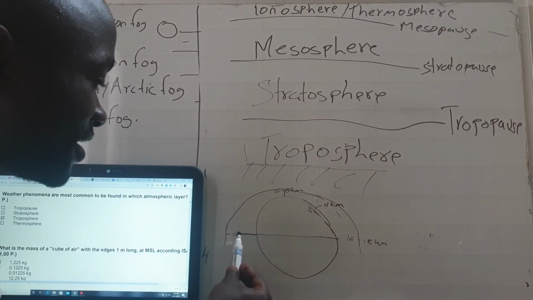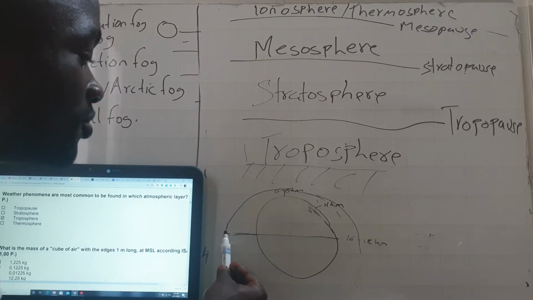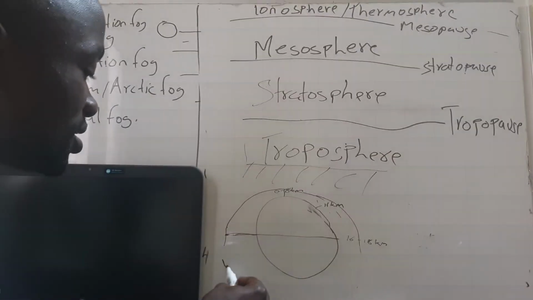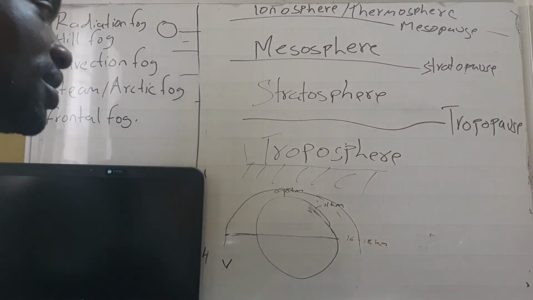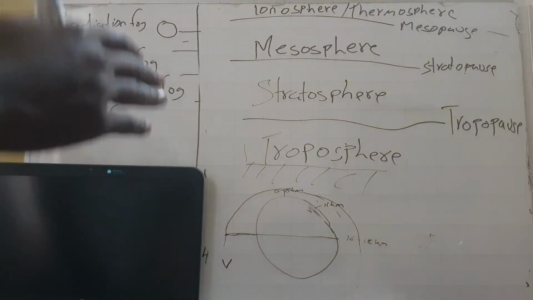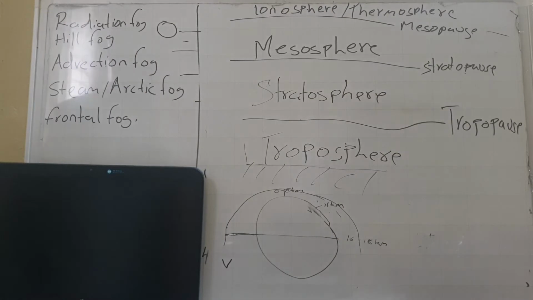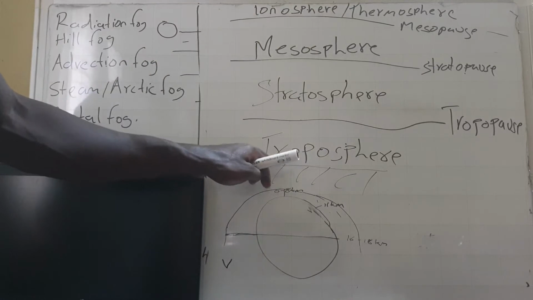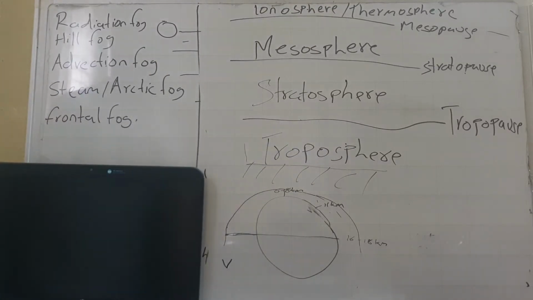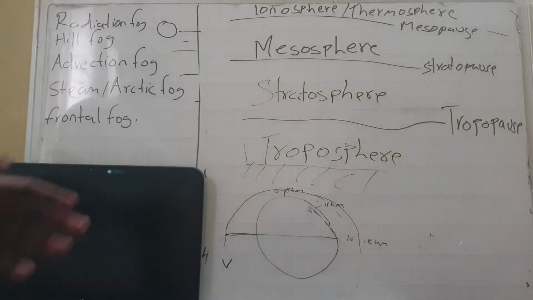So the temperature here at the equator is very cold. It's colder than the temperature at the pole, just to mention. But most weather patterns are found in the troposphere.